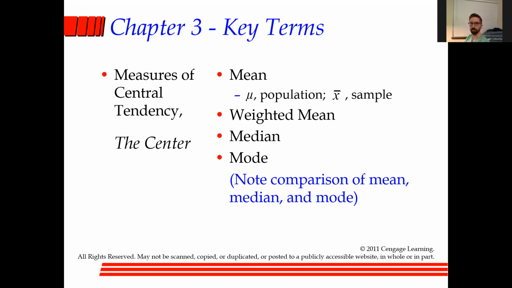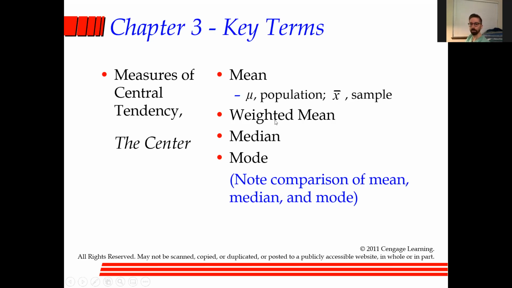We call them statistics when it's in reference to a sample. For example, for the mean, we use mu, the Greek letter mu, for the population, and we use x bar, with a bar on top of the x, to represent the sample mean. So population mean is mu, sample mean is x bar. Just get used to the terminology.